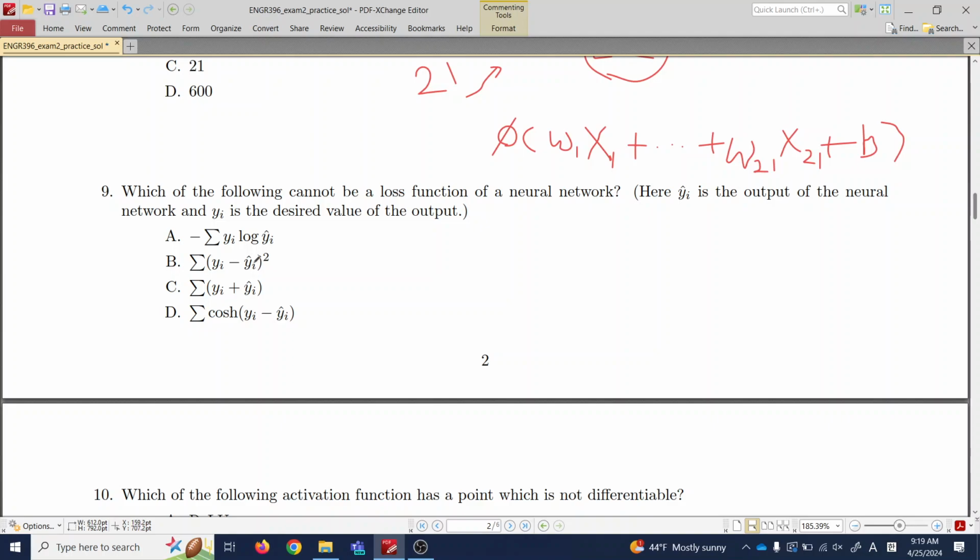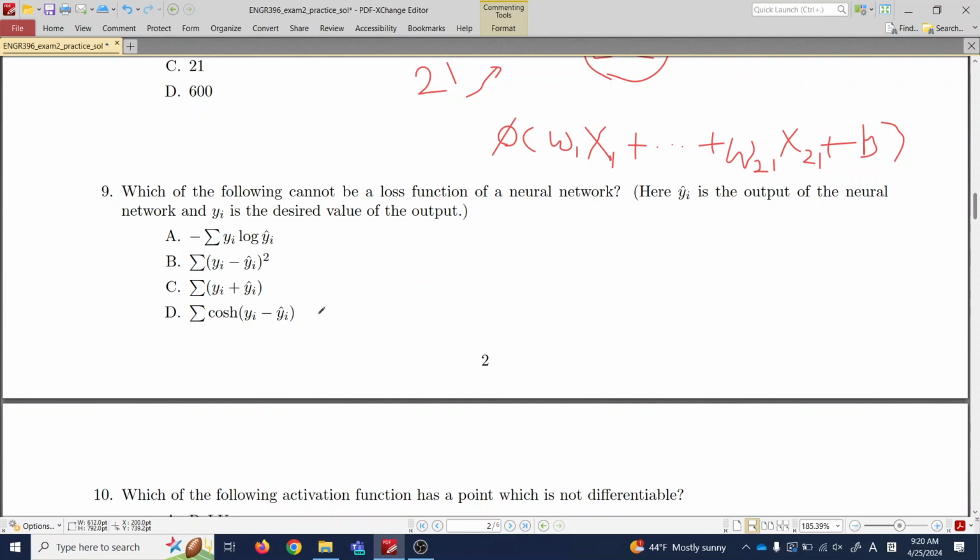This value is going to get smaller and smaller if they are close together, okay? So therefore, gradient descent will make it learn. So that's good. Now, A, it's harder to see, but this is what's called the cross entropy. And this one does reach its minimum if yi and yi hat become close together, okay? So that's good. So that leaves us with C and D.